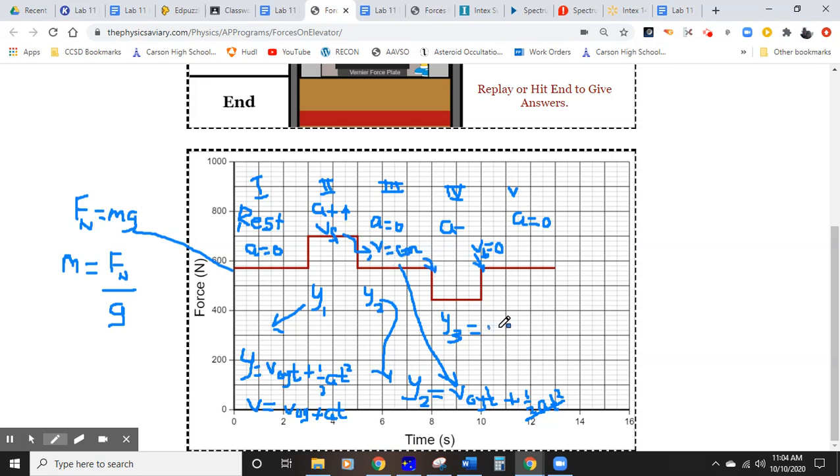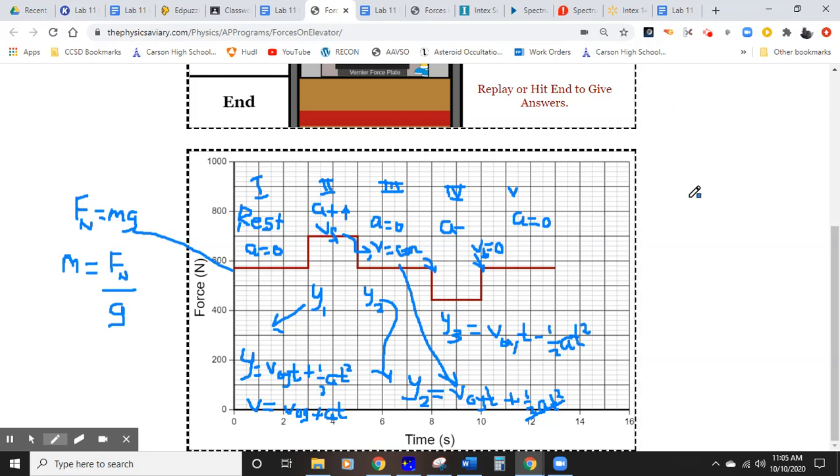So it's going to be v0y times the time interval. But this time we're going to go minus 1/2 a t squared. Now, the question is, how do we find a? Valid question. How do we find a?